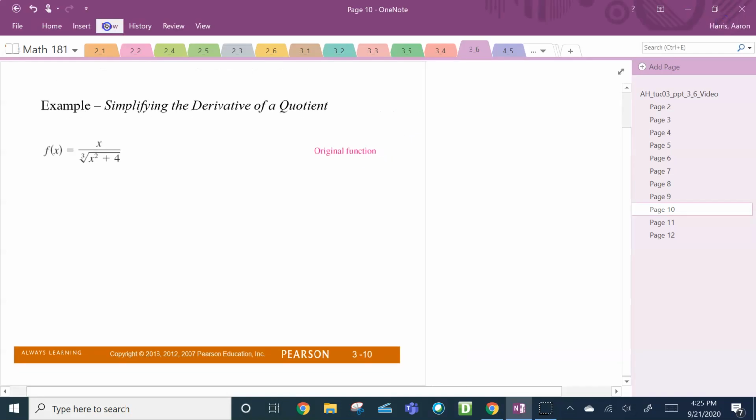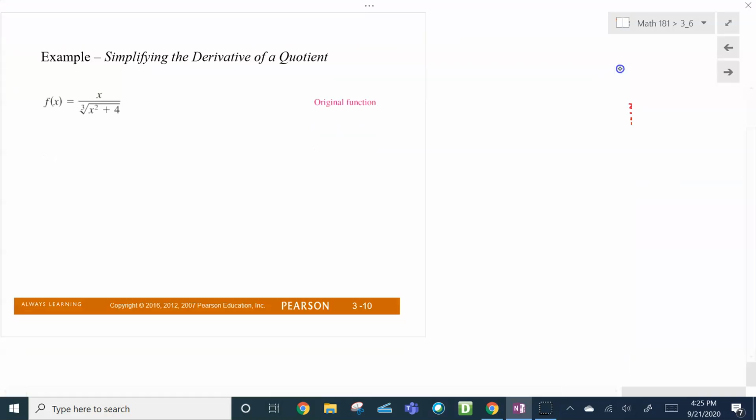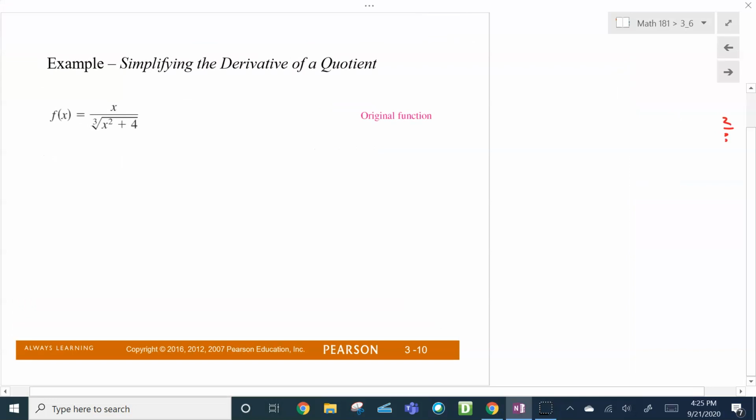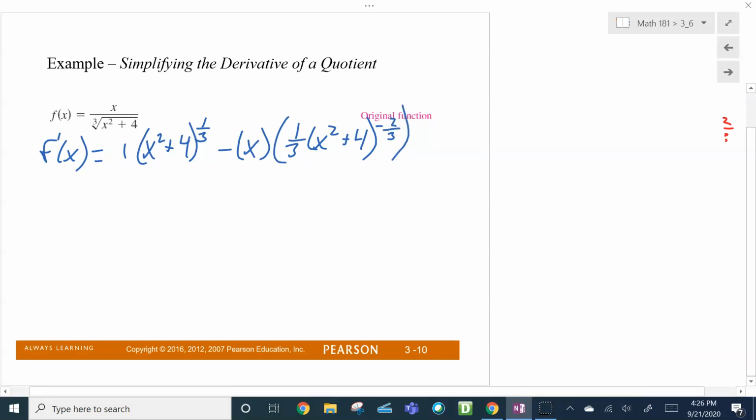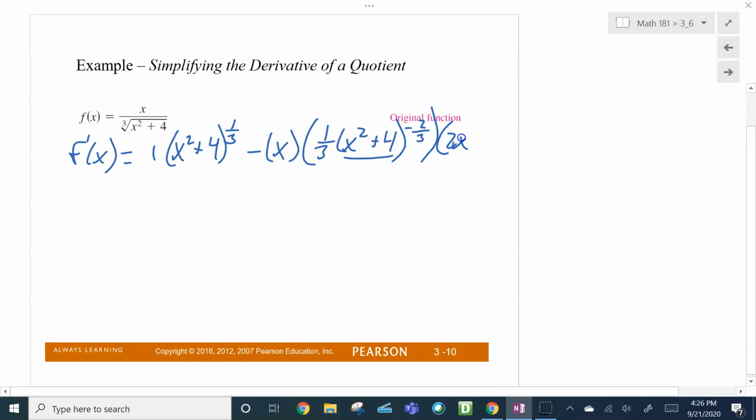Alright, next one here. We've got the derivative of the top times the bottom. Here's the bottom, the third root, right, to the 1/3. Minus the top, the numerator, times the derivative of the bottom. So we've got 1/3 times x squared plus 4 to the 1/3 minus 1. So that's a negative 2/3 times the derivative of that, which is 2x.